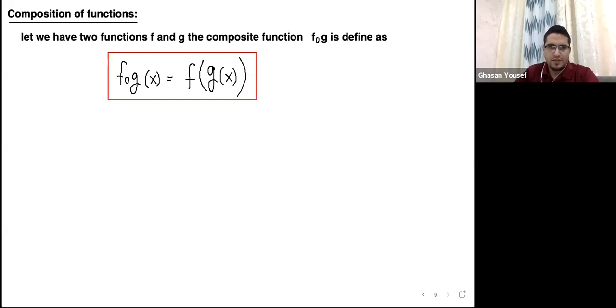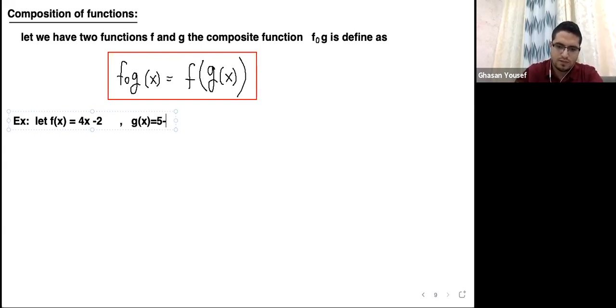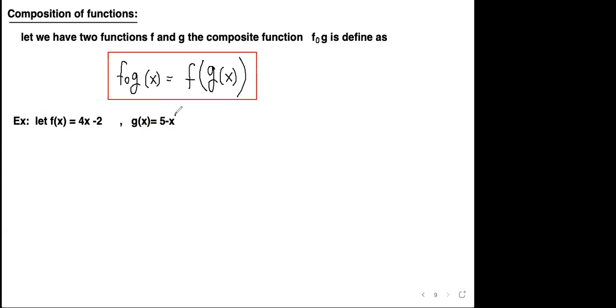Okay, so I give you an example of how we can apply this formula. Example: let f of x equal 4x minus 2, and let g of x equal 5 minus x squared. Professor, yes, go ahead.